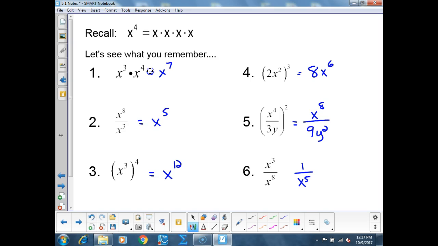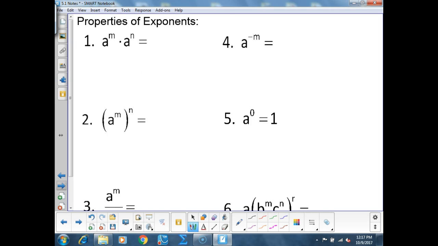All right. Let's talk about these rules now. Here we go. So, properties of exponents. If I have the same base and each of them have an exponent, what do I do with the exponents? Add the exponents. So the base here stays the same, but I add the exponents.